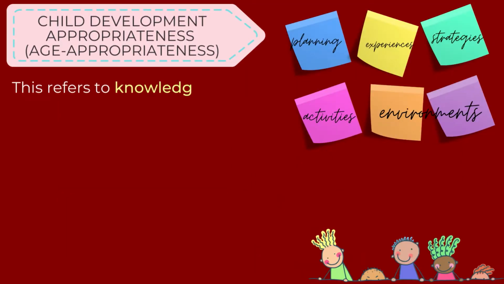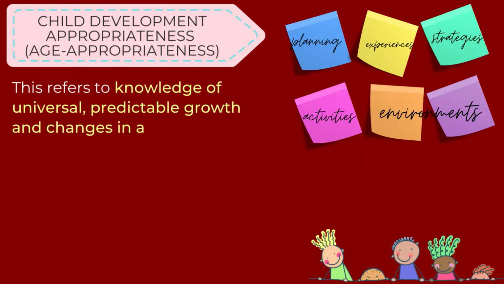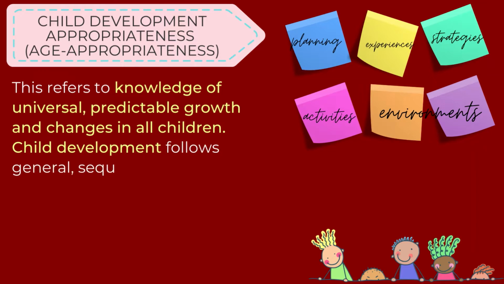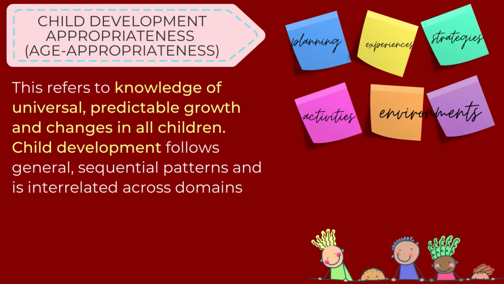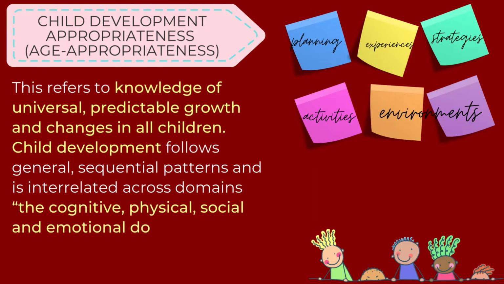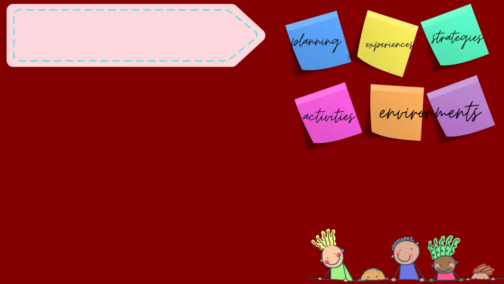Child development appropriateness refers to knowledge of universal, predictable growth and changes in all children. Child development follows general, sequential patterns and is interrelated across domains: the cognitive, physical, social, and emotional domains.